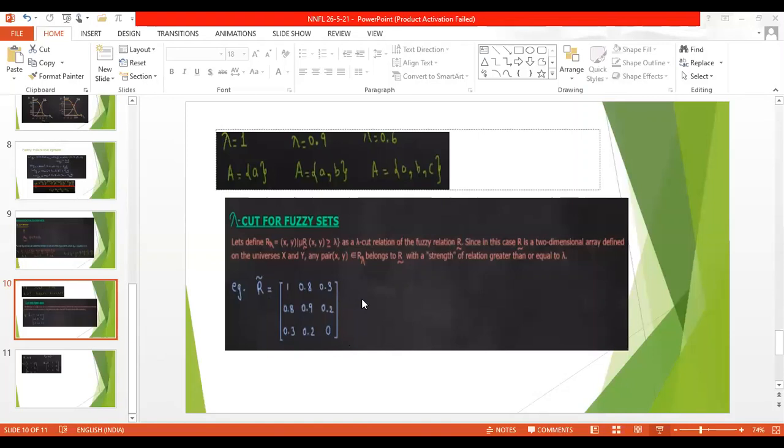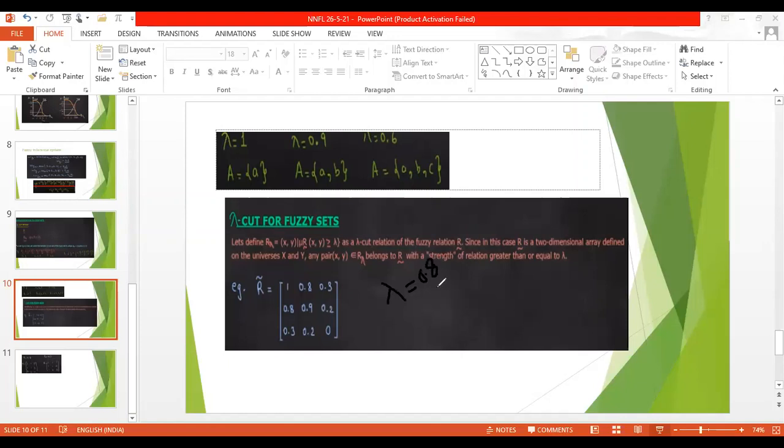So when you are asked for the lambda cut for a fuzzy set, suppose your lambda is equal to 0.8.